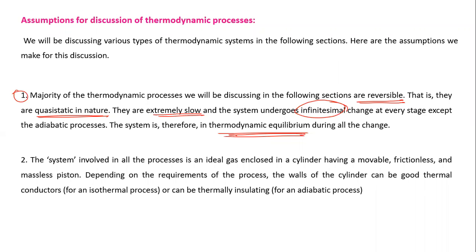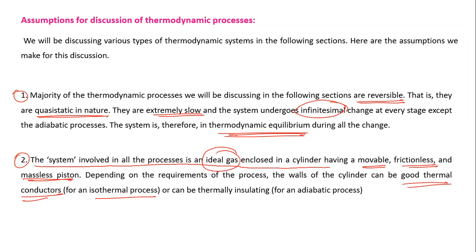The second assumption: the system involved in all processes is an ideal gas enclosed in a cylinder. So we are considering an ideal gas in a cylinder with a movable, frictionless, and massless piston. Means ideal situations we are considering. Depending on the requirement of the process, the walls of the cylinder can be good thermal conductors.